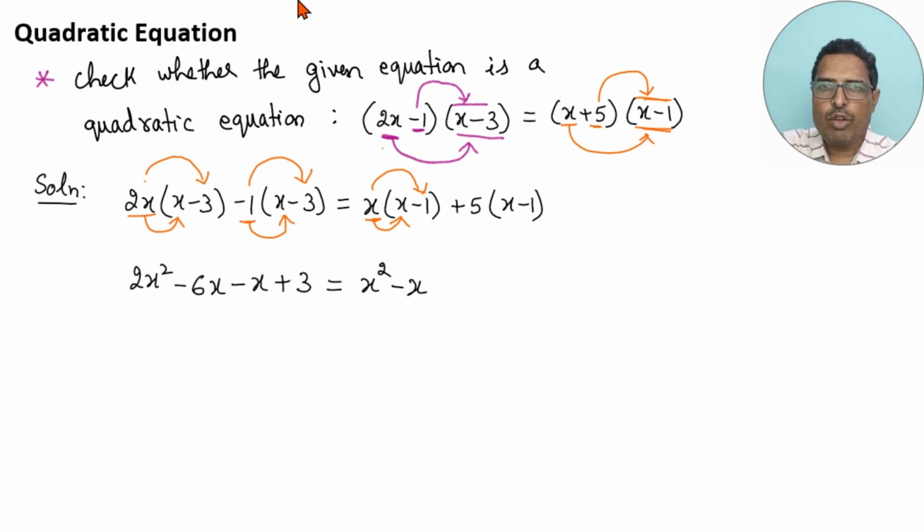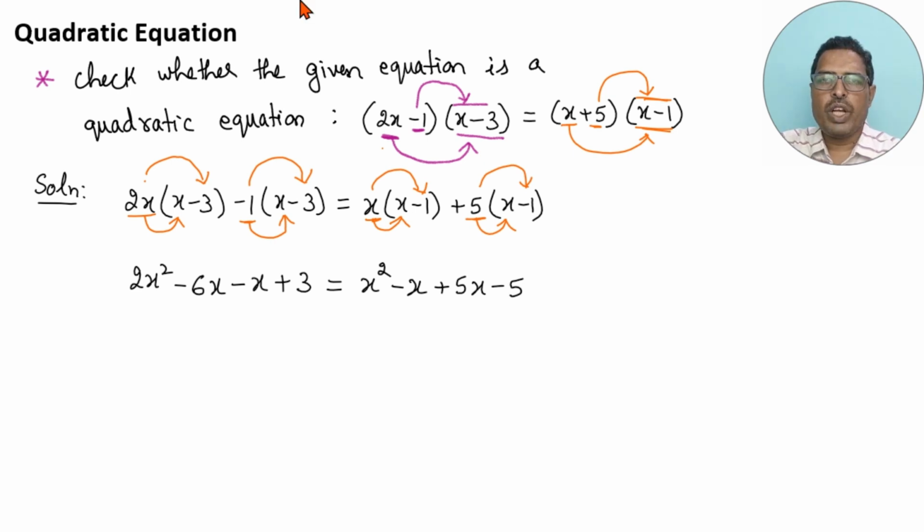Further let us multiply this one. It is 5 times x. So 5 into x will be 5x. You have plus sign here, plus 5 times x. Again multiply this 5 with minus 1. So you have plus over here and minus, so plus into minus will be minus. 5 times 1 will be 5.